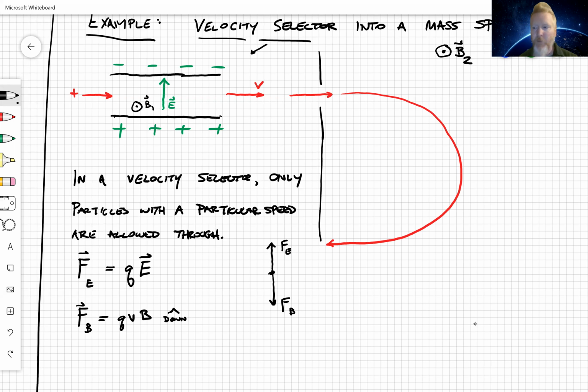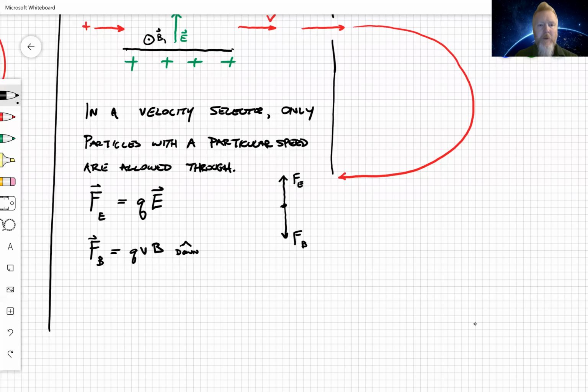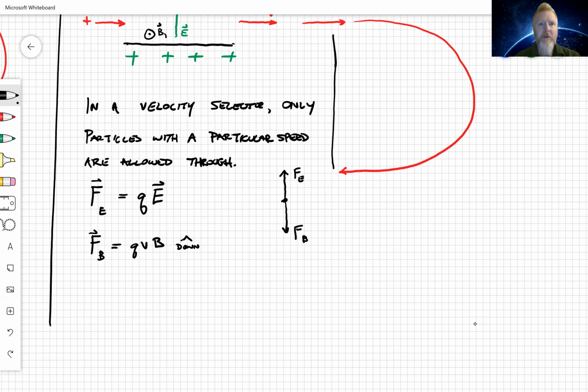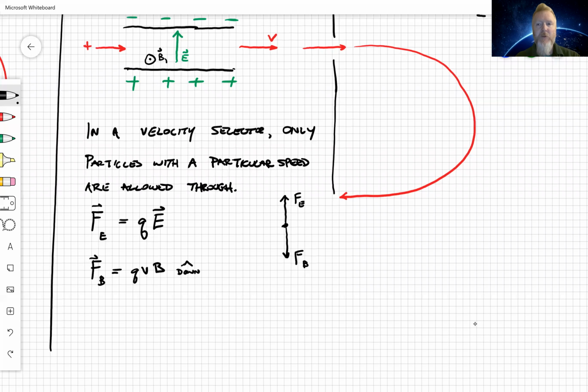So in this case, what we've got now is a downwards pointing B force due to an outward pointing B field. So this is the situation here where I have crossed fields.